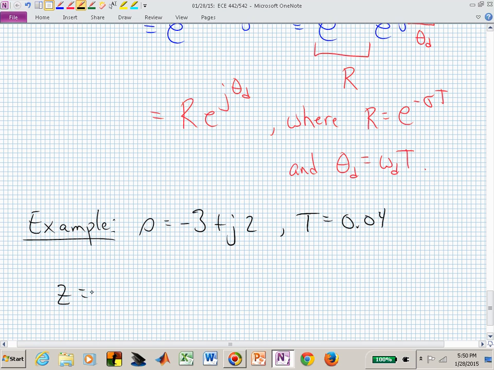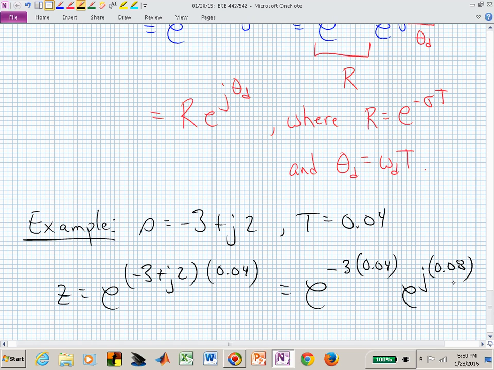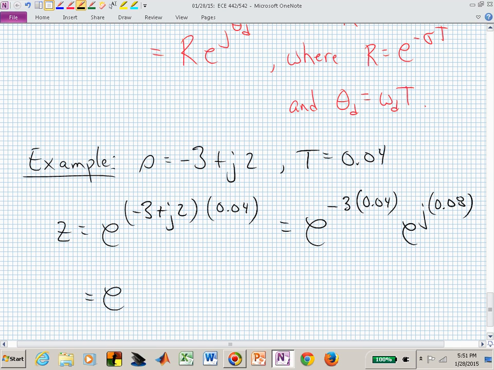So that now z is equal to e to the minus 3 plus j2 times 0.04, or this is now e to the minus 3 times 0.04, and e to the j, it's running out of room, so let me just do the multiplication, 2 times 0.04. We now have z is equal to e to the minus 0.12 e to the j 0.08.